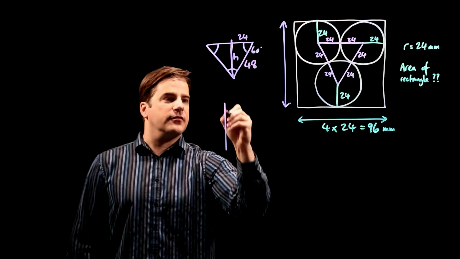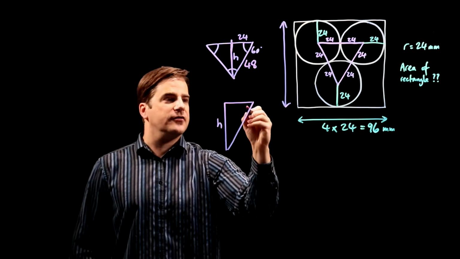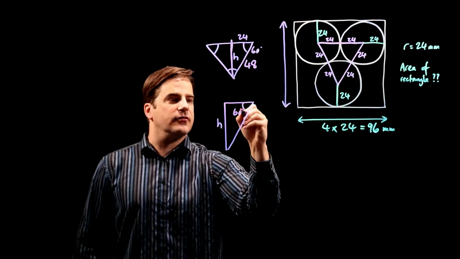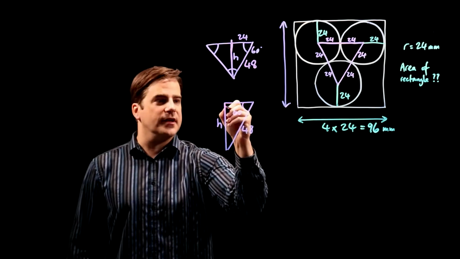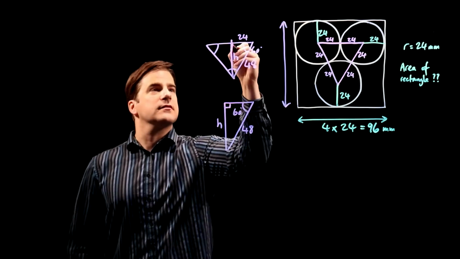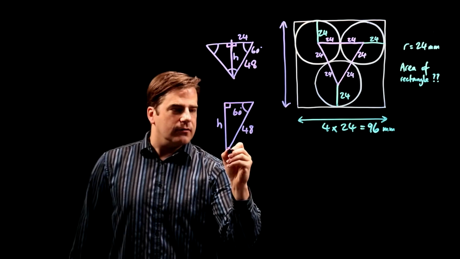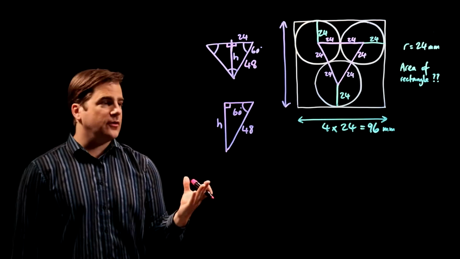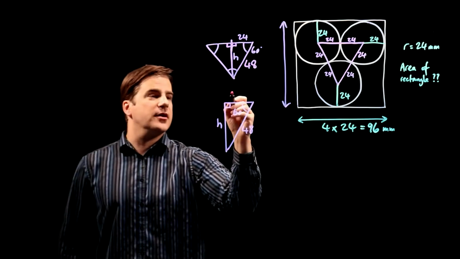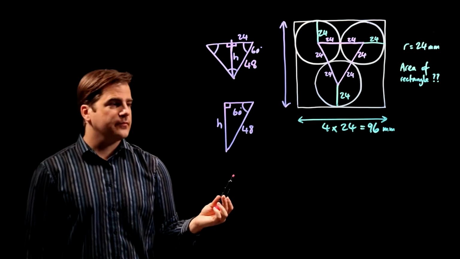So we have, this is not to scale now, height h there, 60 degrees there, hypotenuse of 48 millimeters, and that's a right angle. Okay? So we can work out h. You can actually do it using Pythag if you want, because that's 24. Nothing wrong with that, that's fine.